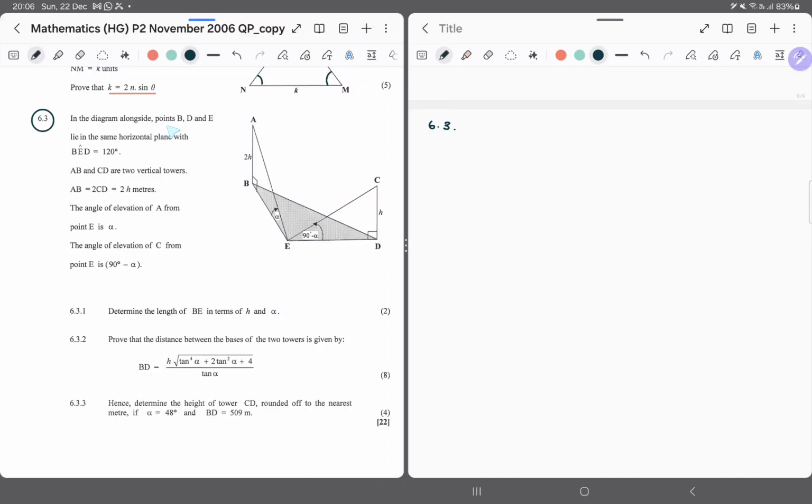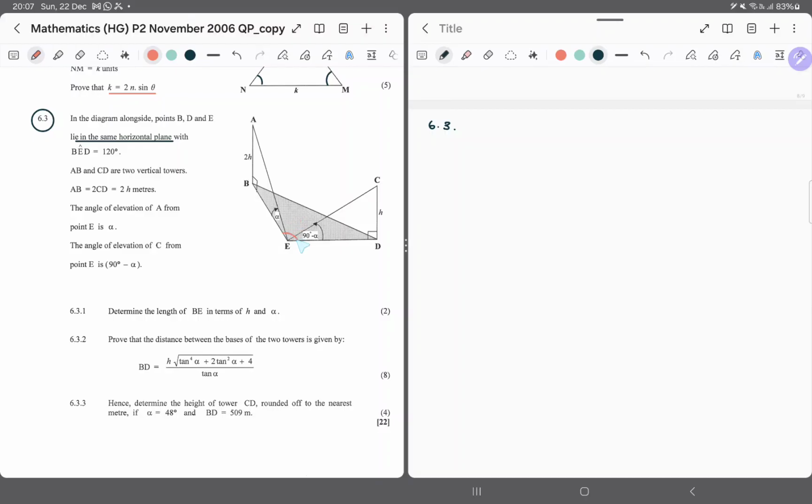Alright, in the diagram alongside, points B, D, and E lie in the same horizontal plane, and it's already shaded. Now BED is 120 degrees. So this inside huge angle, maybe let's give it another color.